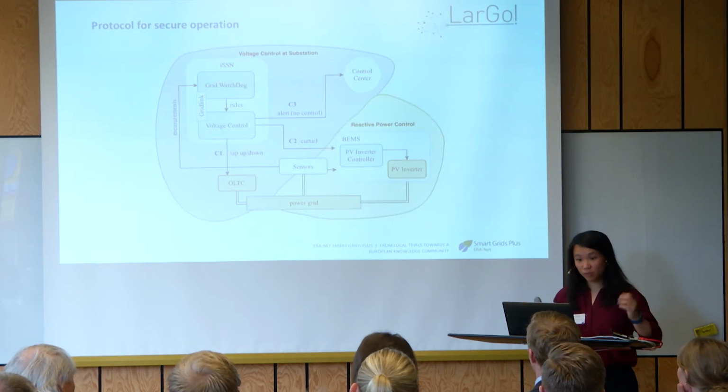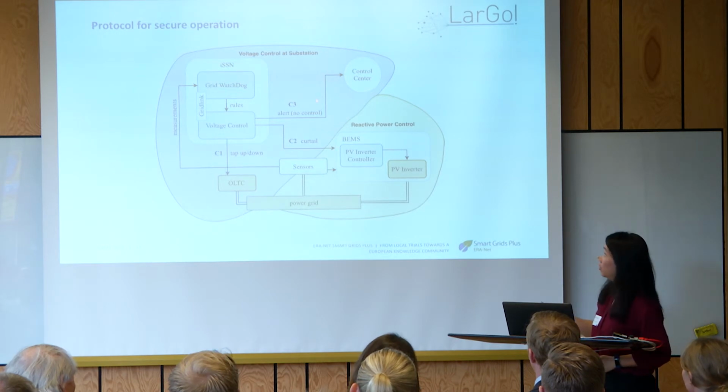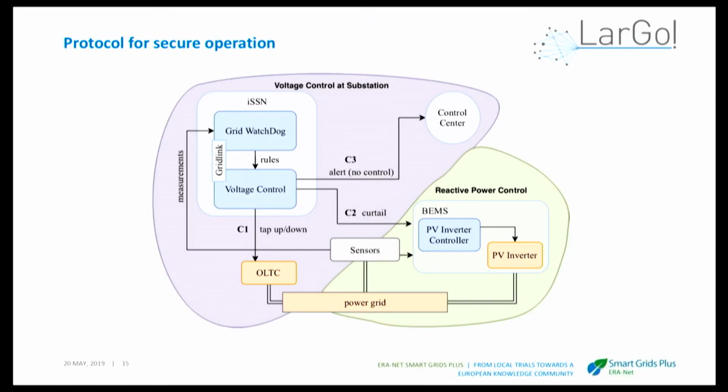In our setup, we have the substation, which is the brain of this particular sub-network. It gives some sort of rule to our reactive power control. So that's the energy management system that sits within all the households.